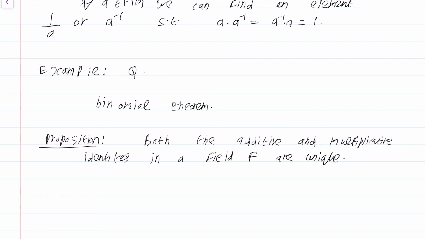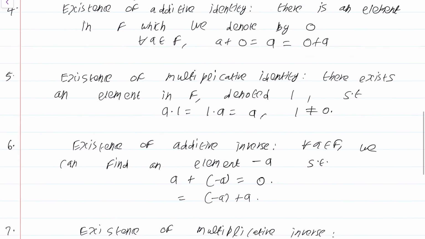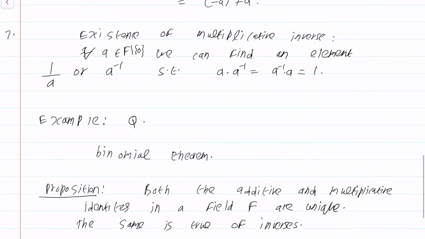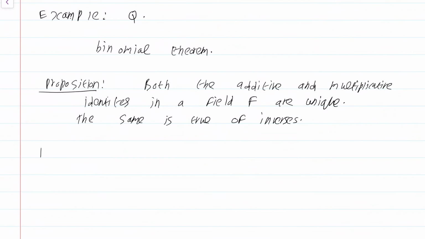The same is true of inverses. Note, when I stated these axioms, I just said there is an element denoted 1. I did not say there is exactly one element like that. Of course, you can postulate that there is exactly one element. There is nothing wrong with that, except it turns out that you don't need to, and it is a consequence of the other axioms. Okay, so for the first time, we have to show that something is unique.